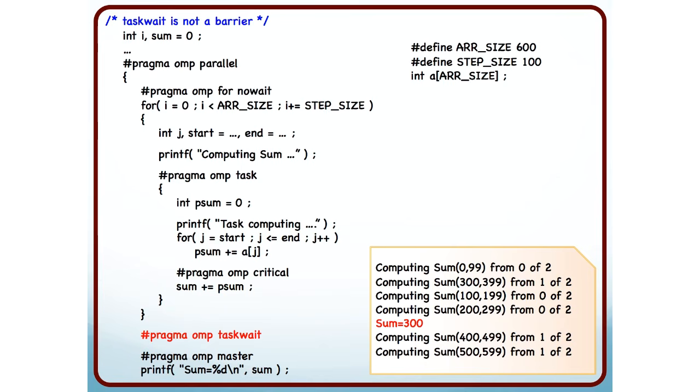The tasks that it had spawned are completed. So it's going to proceed ahead and print sum. And you see that at that point in time, the value of sum is 300. It's not 600. So just be careful about the difference between taskwait and barrier, right?